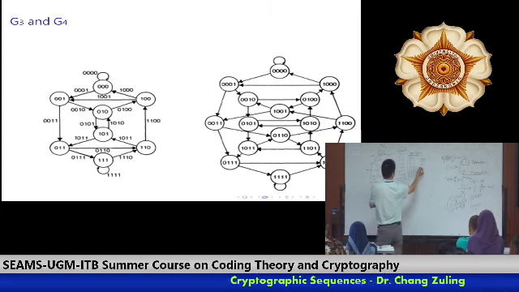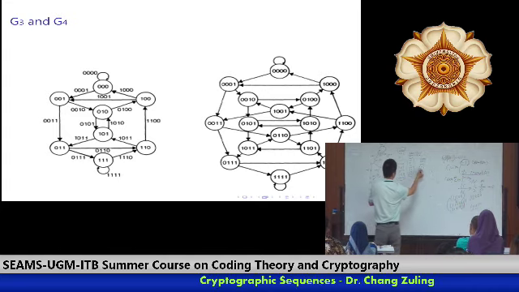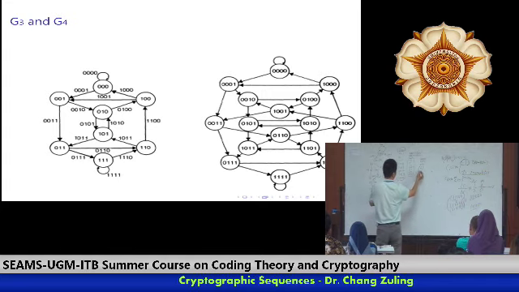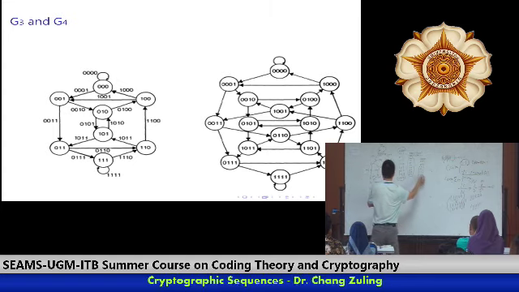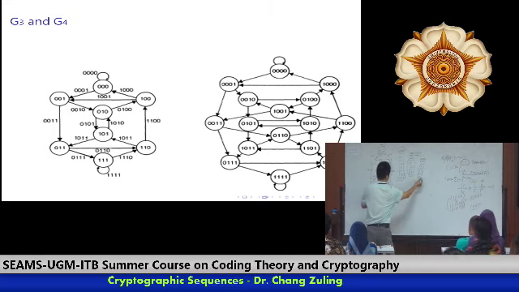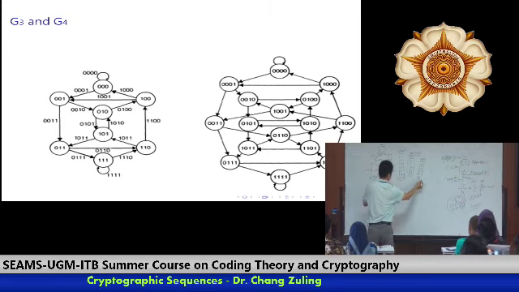Will be 0, 1, 1, 1. I take this edge. Will be 1, 1, 1, 1. And take this edge. 1, 1, 1, 0. And take this edge. 1, 1, 0, 1. And take this edge. This edge will be 1, 0, 1, 1.